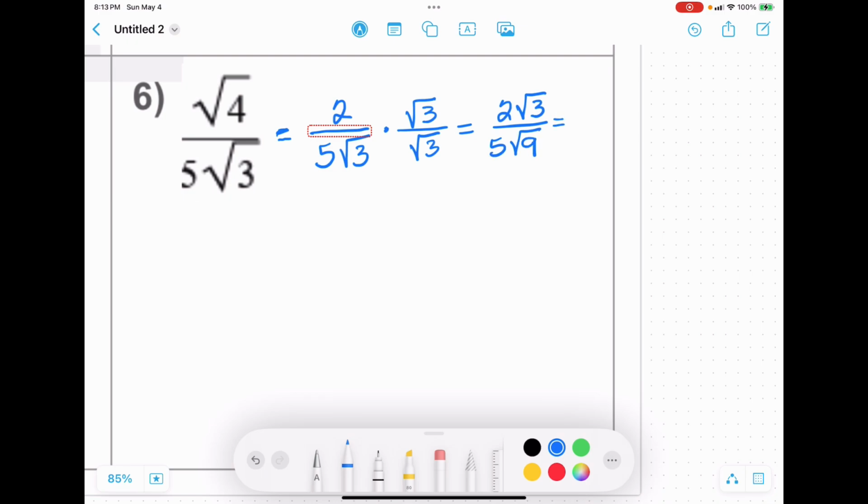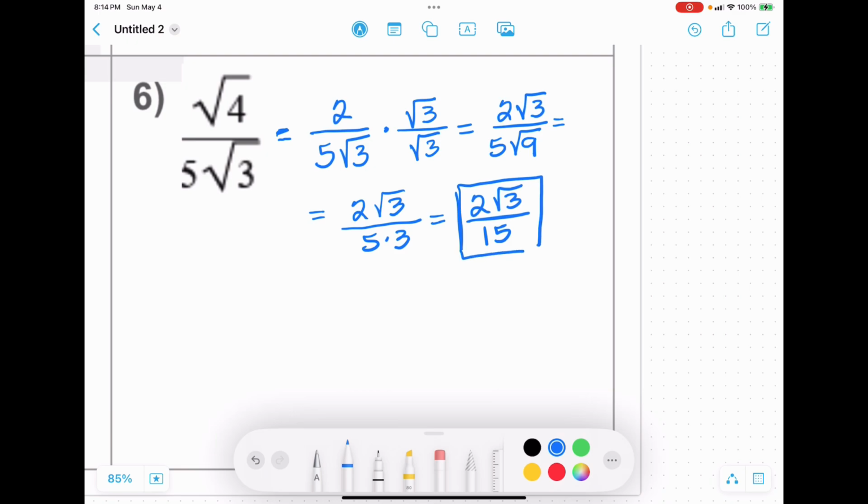But you know that the square root of 9 is 3. So this is going to be 2 times the square root of 3 over 5 times 3. And to simplify it even further, you multiply 5 times 3 to get 15, and you are done.